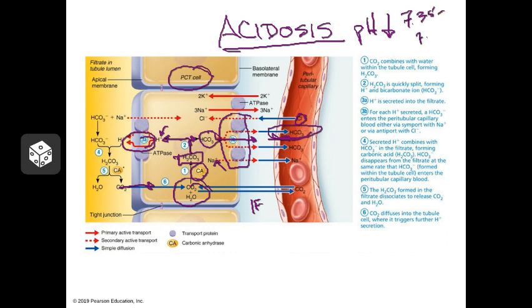I've seen narrower ranges, like 7.38 to 7.42, but this range will do. So in acidosis, a patient's pH is at 7.35 or lower. That means this patient has too many hydrogen ions. This is one way that the kidney can eliminate hydrogen ions.